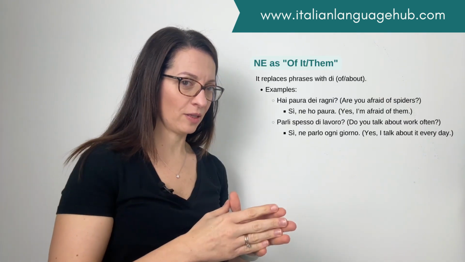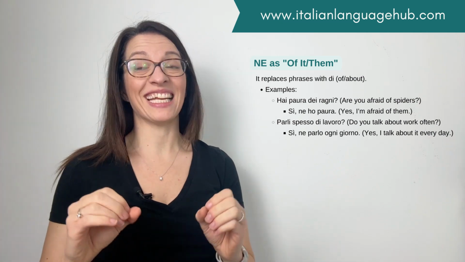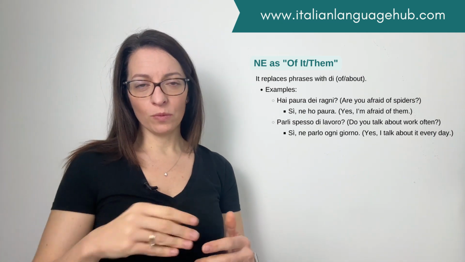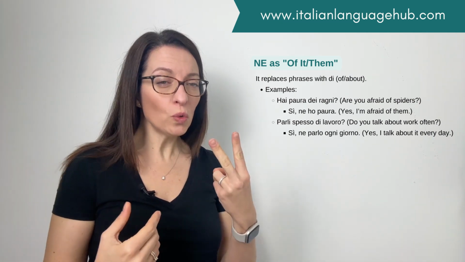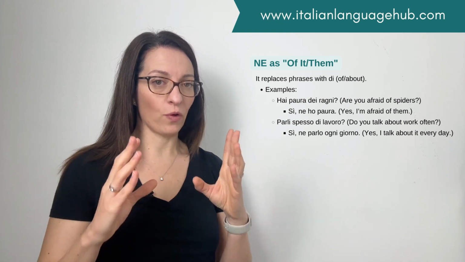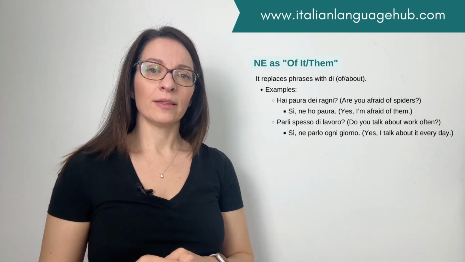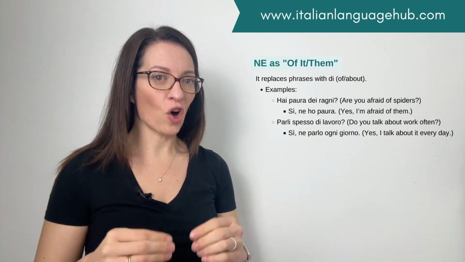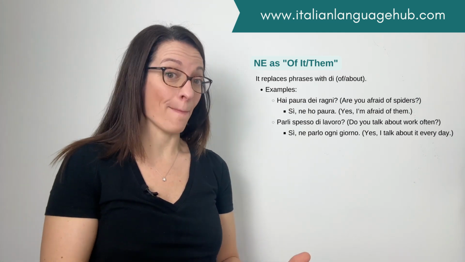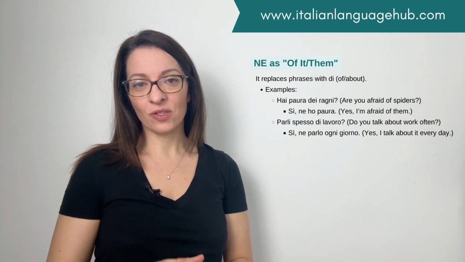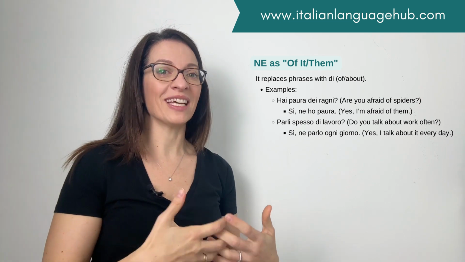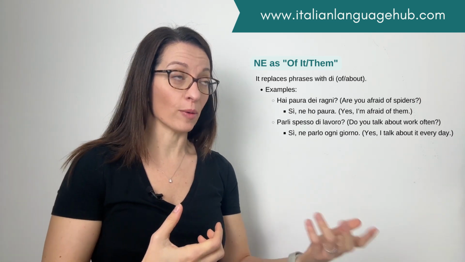Now, let's move on to the next little word, which is ne. This is also multifunctional, but there are two very common uses, so I will focus on those two. The first one is ne as of it or of them. So it replaces phrases with di, which is of or about.